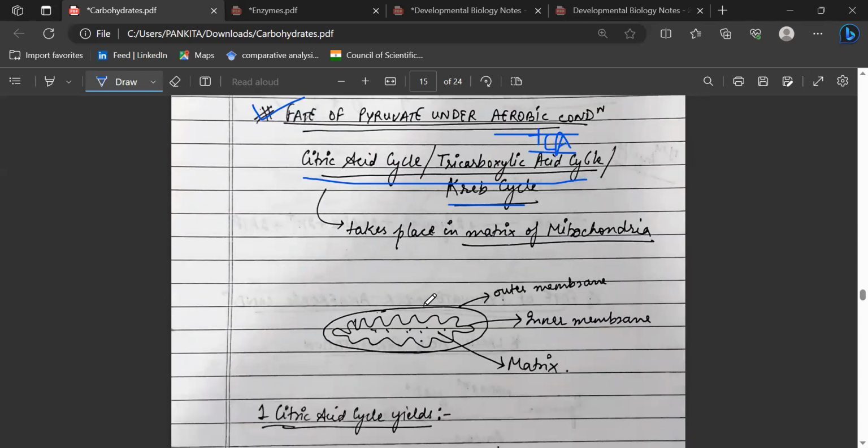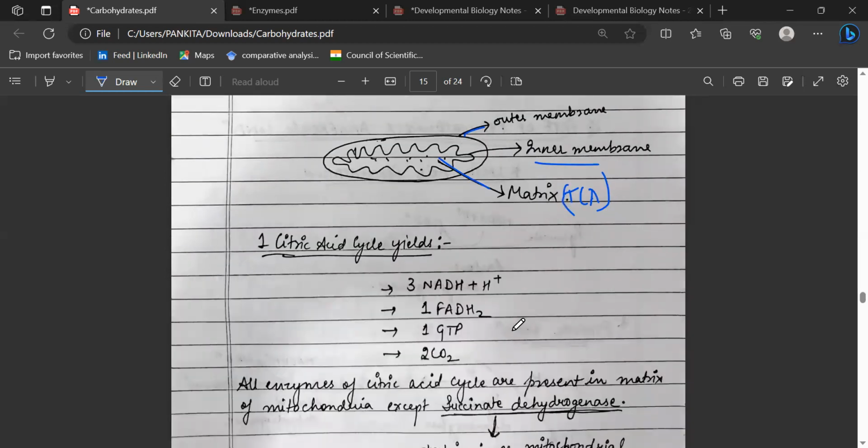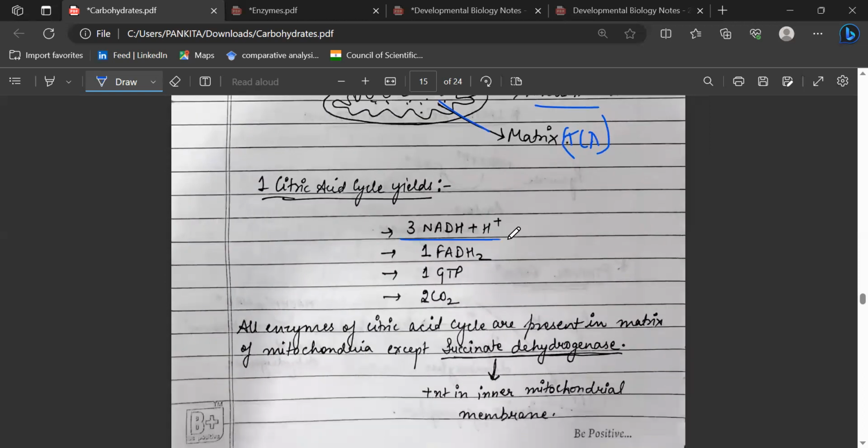So if this is the structure of mitochondria, there's the outer membrane, we have the inner membrane, and this is the matrix. In the matrix, the TCA or tricarboxylic acid cycle occurs. The total yield of one citric acid cycle is 3 NADH plus H positive, 1 FADH2, 1 GTP, and 2 carbon dioxide.